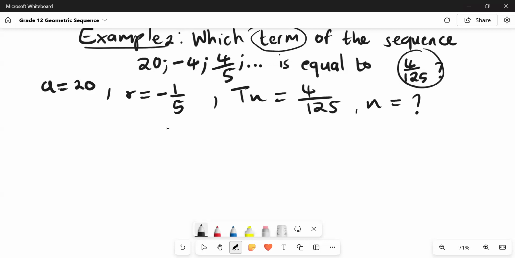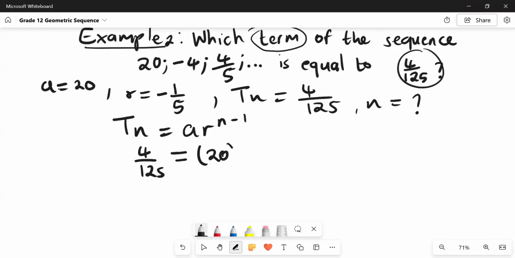So here, we just need to use the general formula Tn equals AR to the exponent n minus 1. In place of Tn, we substitute 4 over 125. In place of A, we substitute 20. And then minus 1 over 5 for R, and then n minus 1.